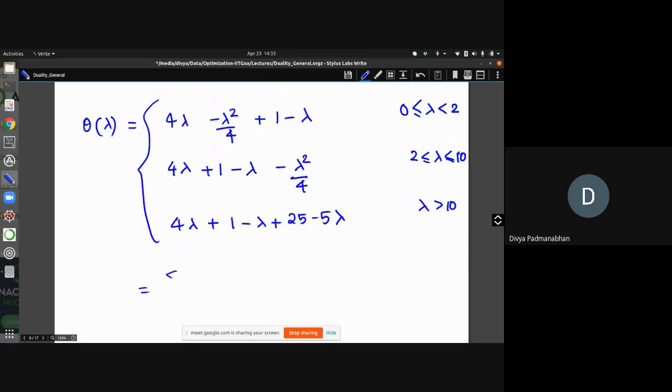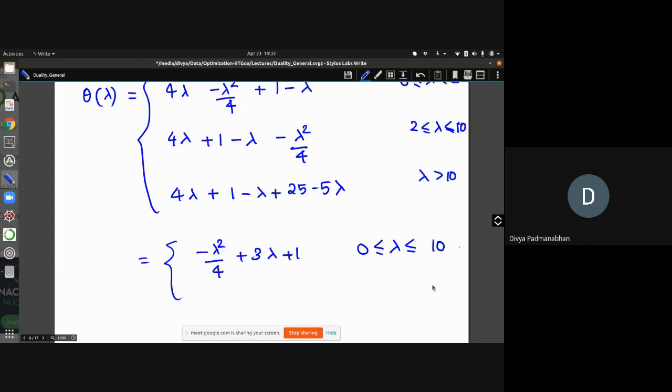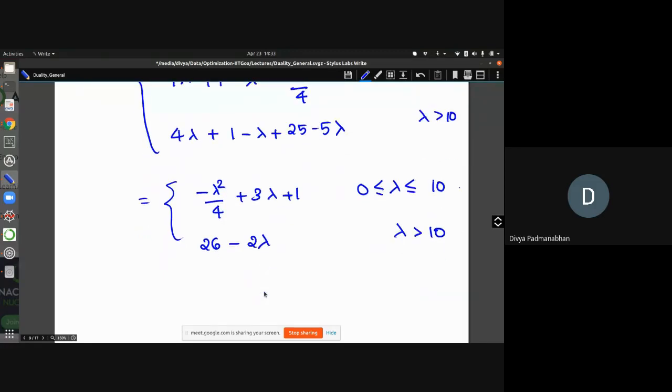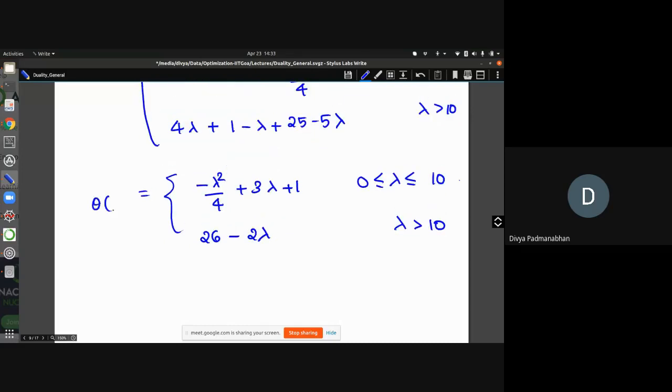This is just going to be minus lambda square by 4 plus 3 lambda plus 1 whenever lambda is less than or equal to 10. And for lambda above 10, you get 26 minus 2 lambda. So this is theta of lambda.